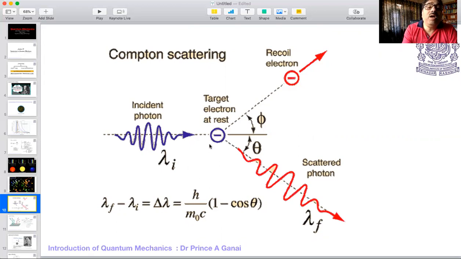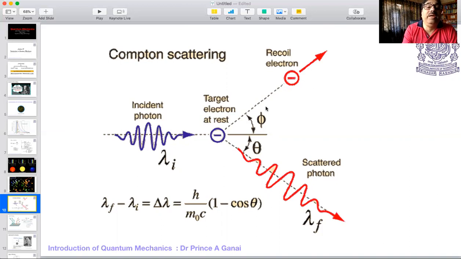Now, this phenomenon tells us that light is a particle because the collision that occurs here is almost a collision between two material particles. We understand the collision theory. If there is a particle that moves and strikes a particle at rest, then we know that they exchange momentum and they exchange energy. The same thing happens here. The momentum and energy are exchanged between the incident photon and the electron at rest. The incident photon carrying some momentum gives energy to the electron at rest.